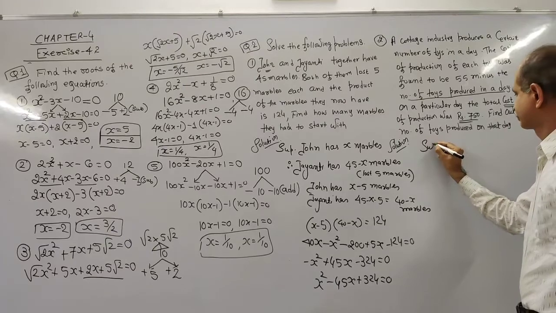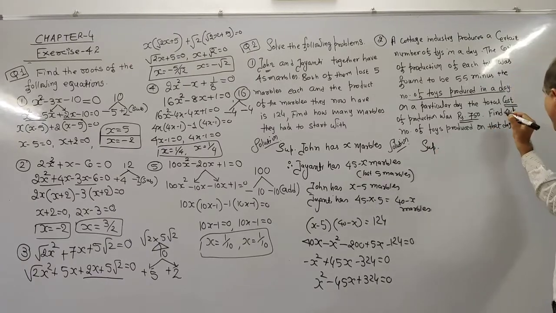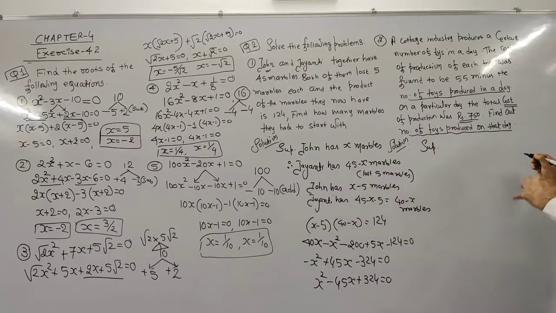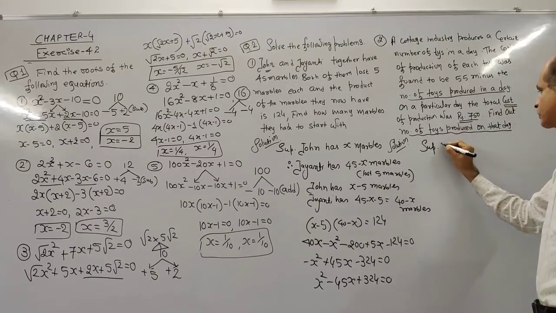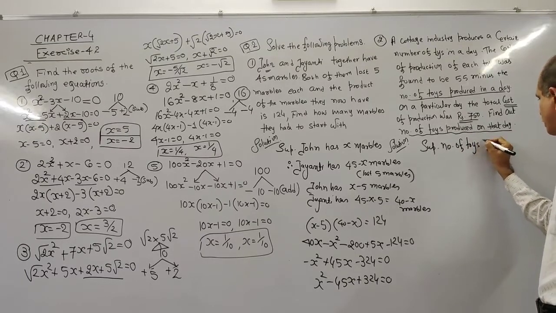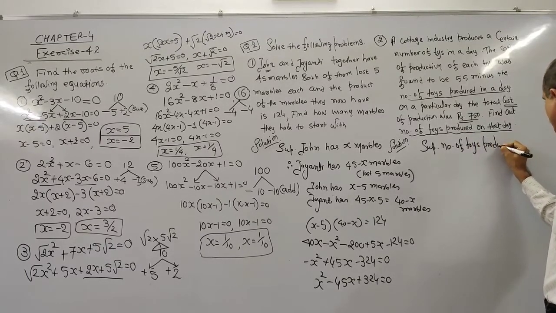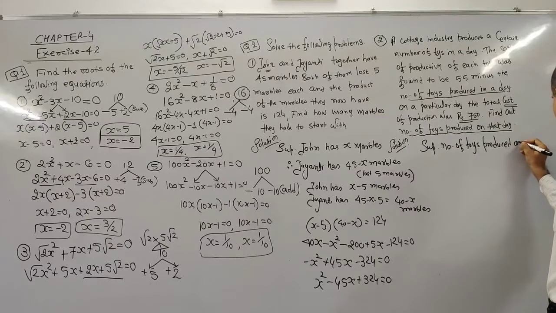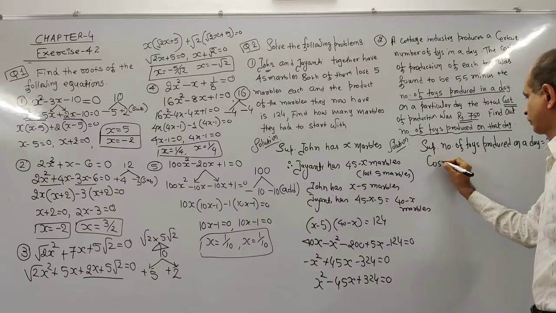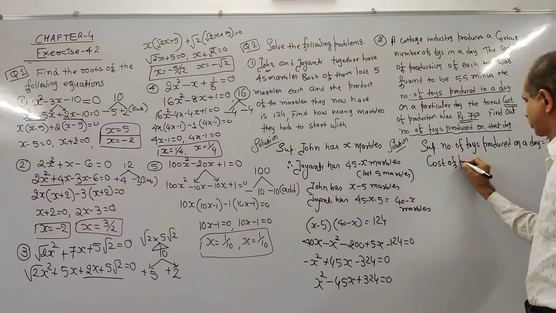Suppose your aim is to find out the number of toys produced on a day. So you assume the number of toys produced on a day is equal to x.